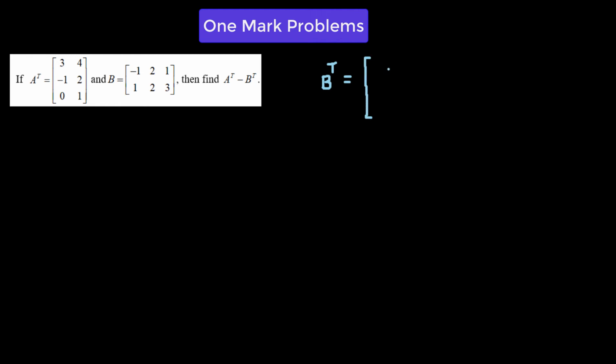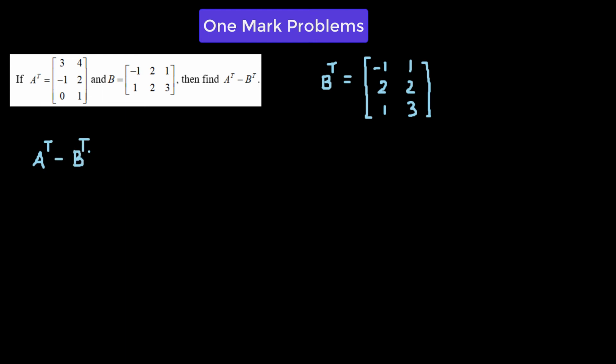So we take the first row, which has the elements 1, negative 1, 2, and turn it into a column matrix. So this will be 1, negative 1, 2. And the second row, having the elements 1, 2 and 3, will go into the second column. Now that we have A transpose and B transpose, let's quickly figure out the value of A transpose minus B transpose.